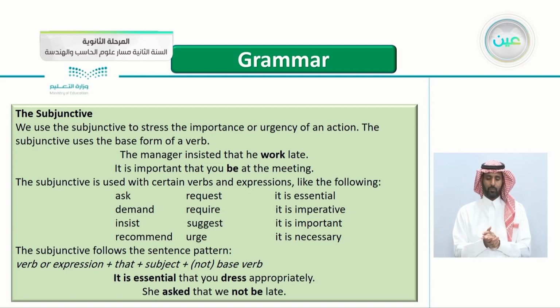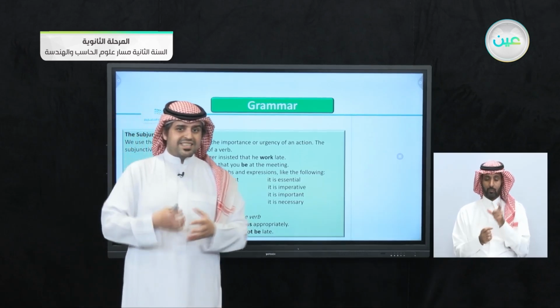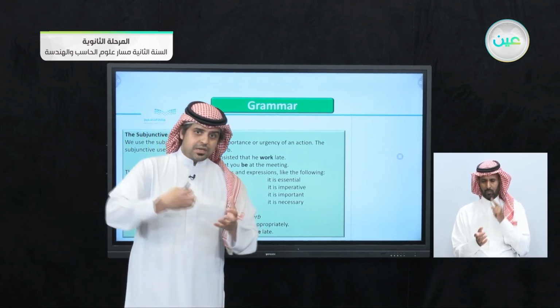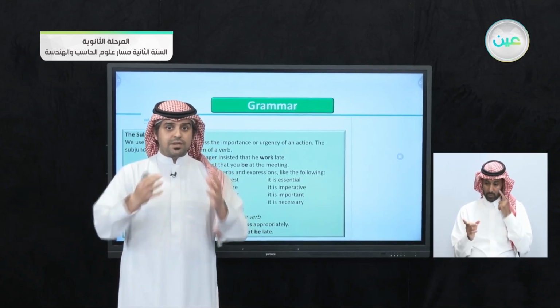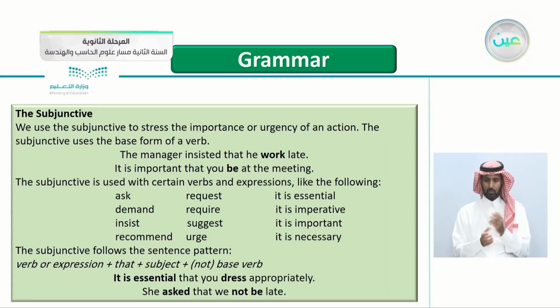We use the subjunctive to stress the importance or the urgency of an action, to show you that this is an emergency. You have to do it as quickly as possible.